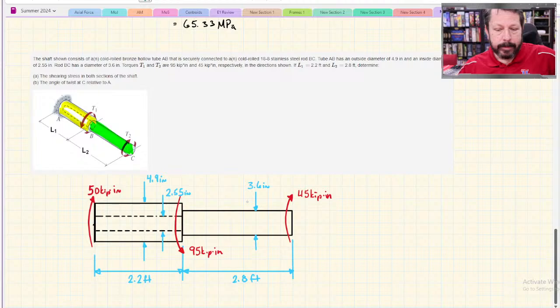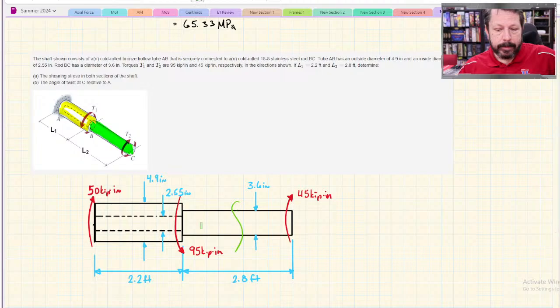Now we need the shear stress, I assume it means the maximum shear stress, in both sections of the shaft. So let's do the solid, the green part first. So here I've cut in the middle of the green section.